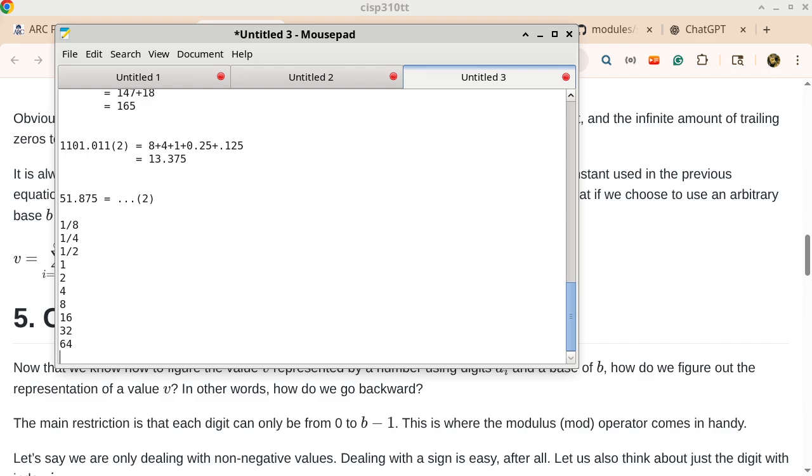So, given these denominations and the amount that I need to make up is $51.875, now we try to fill in these things. Do we need a 64? Nope. Do we need a 32? How many of a 32 do we need? Just one.